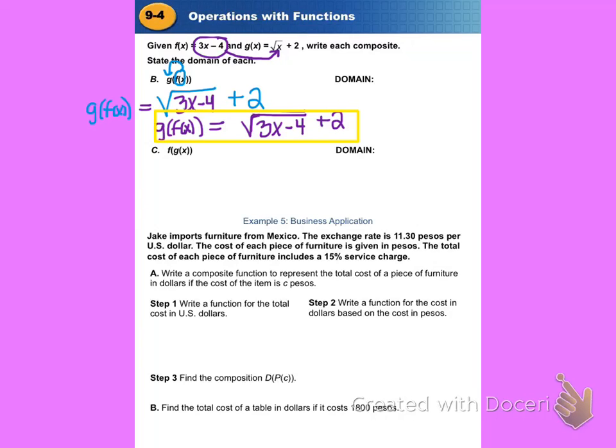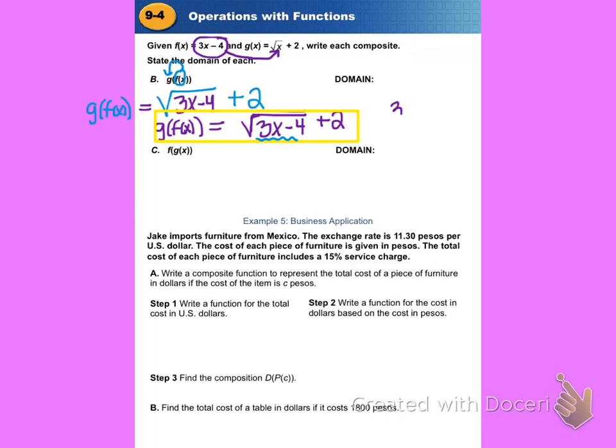But then the function we actually plugged that into was a square root function. And remember that when we take an even root, we only get real values for positive numbers or 0, so numbers that are greater than or equal to 0. And so when we think about that final function, square root of 3x minus 4 plus 2, the part underneath the radical cannot be anything lower than 0.